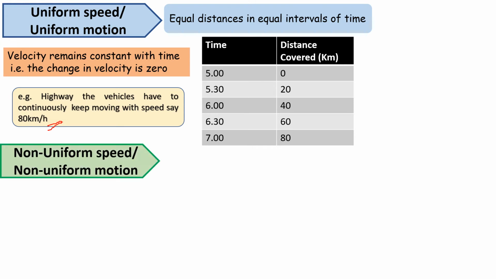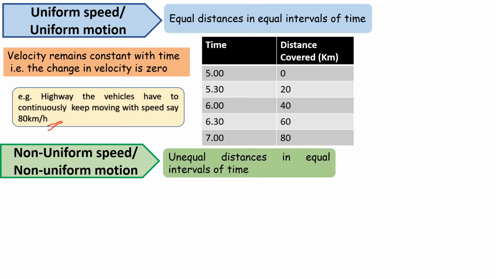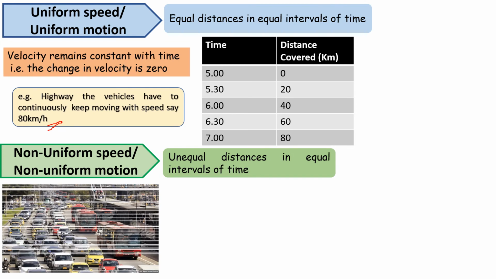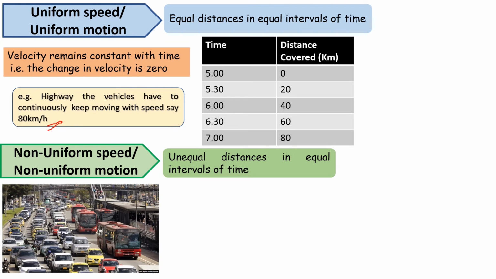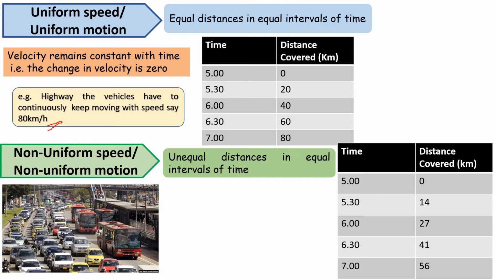Next is non-uniform speed or non-uniform motion, which means unequal distances in equal intervals of time. Now, the best example is the traffic, where the vehicles travel very small distances in equal intervals of time. So here in this chart you can see in a half hour the distance traveled is 14 kilometers.